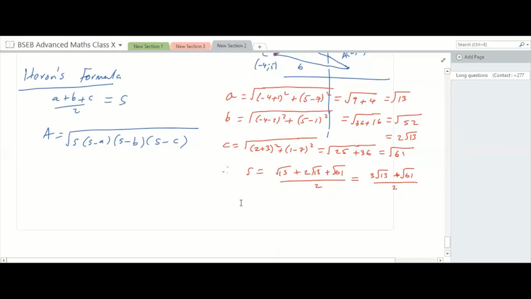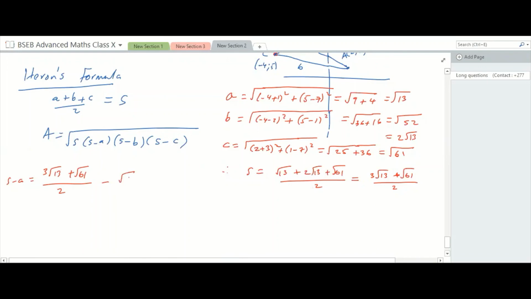So what we can say here is, what is S minus A? This entire thing is S. S minus A will be 3 root 13 plus square root of 61 over 2, subtract A. What is A?